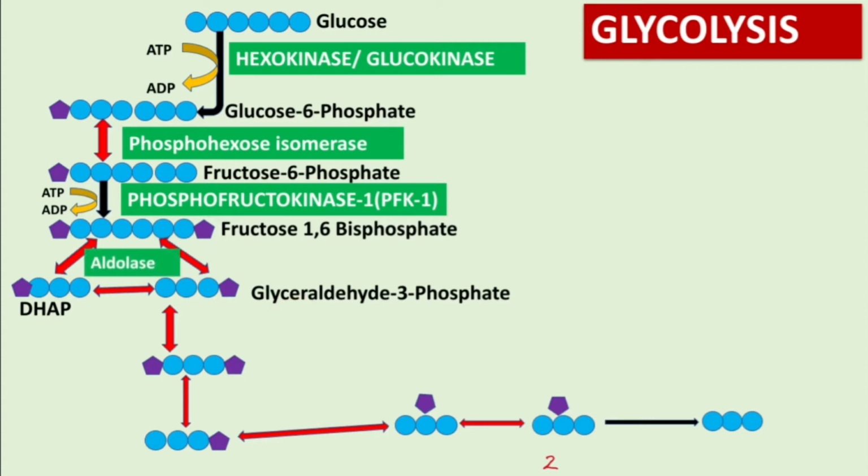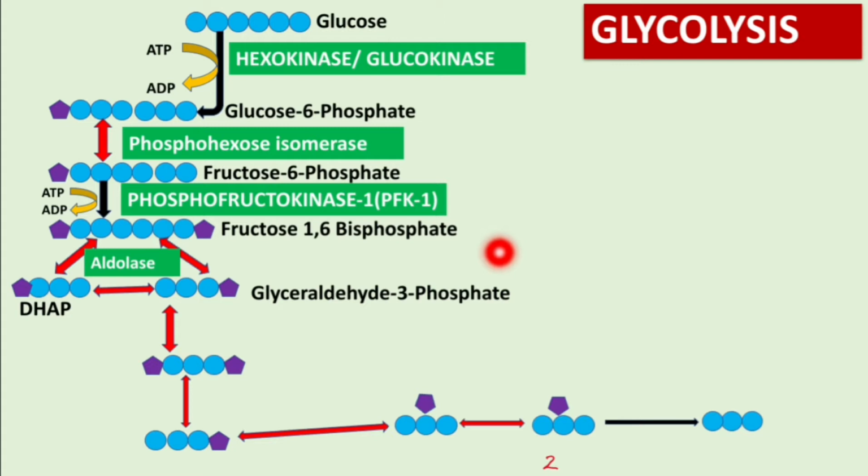We just cleaved at the center, leaving 3 carbons and a phosphate each. This one is a ketose, and this one is an aldehyde, or an aldose.